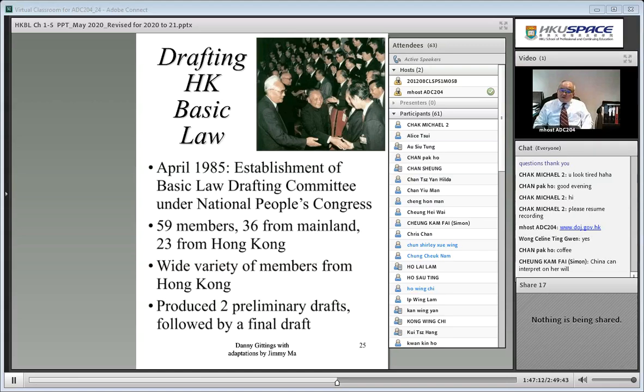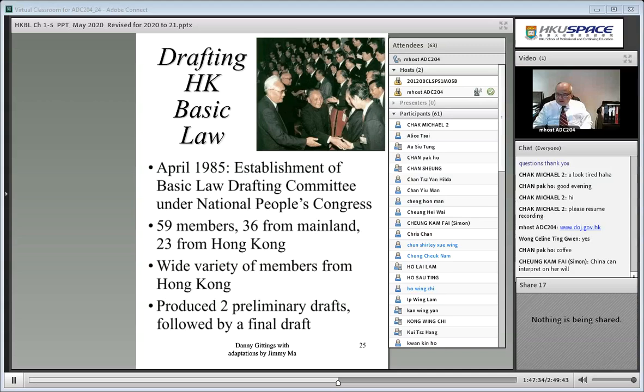In order to do that, again, something unprecedented, something that had not happened before in mainland China, was to establish a Basic Law Drafting Committee as a committee under the National People's Congress.